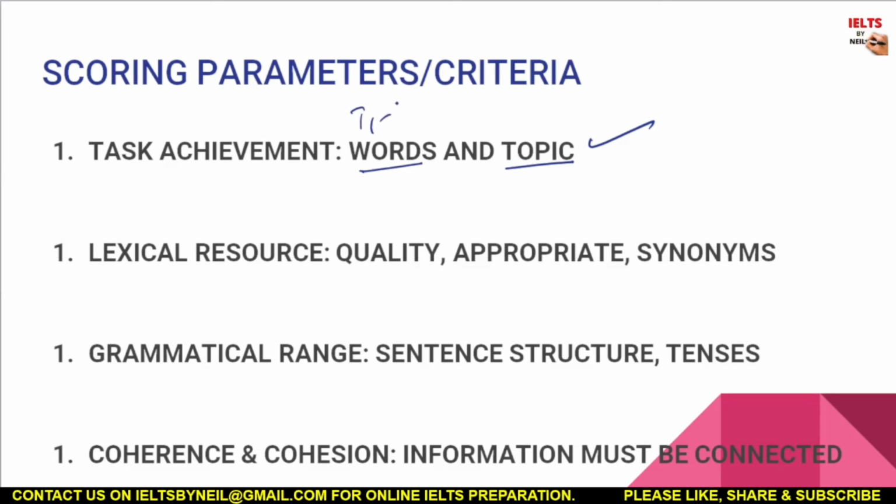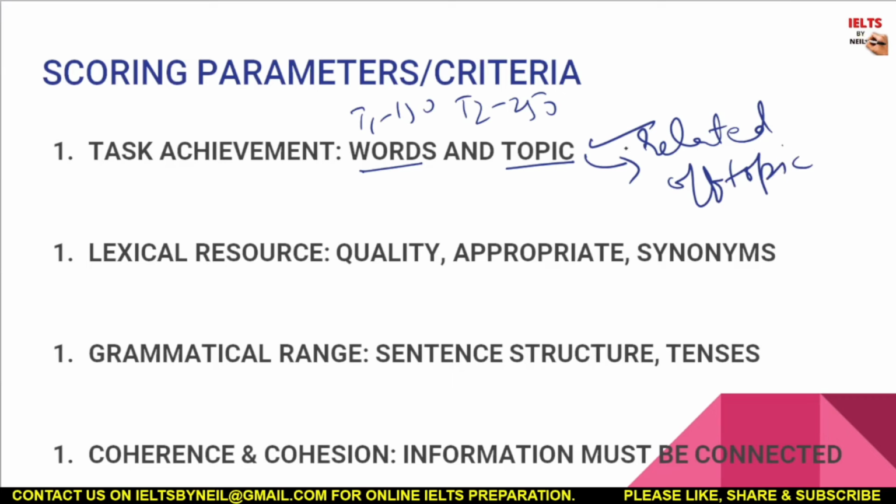Task 1 is 150 words and Task 2 is 250 words. And have you written content related to the topic, and it should not be off topic. So these are the two things that they check in task achievement. Number 1, word limit. Number 2, related to the topic. This is the first parameter that they check.